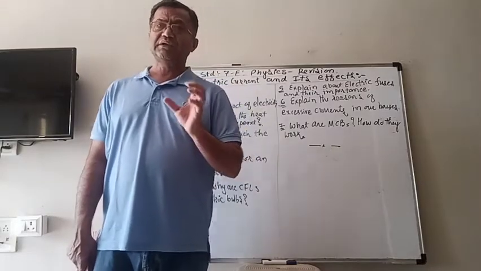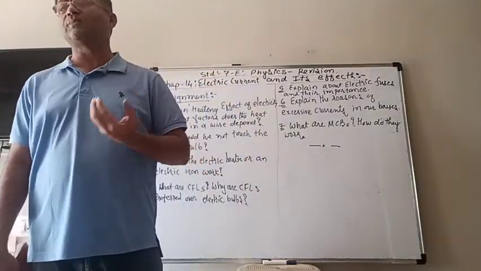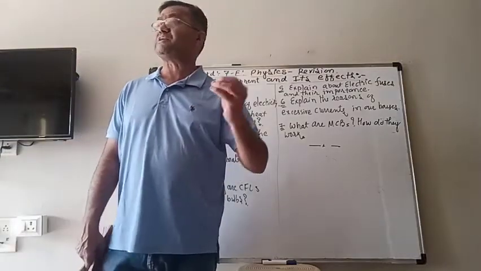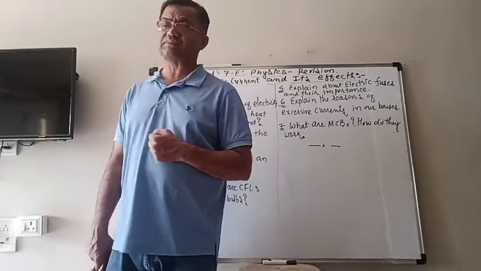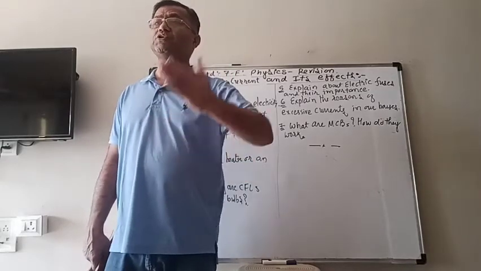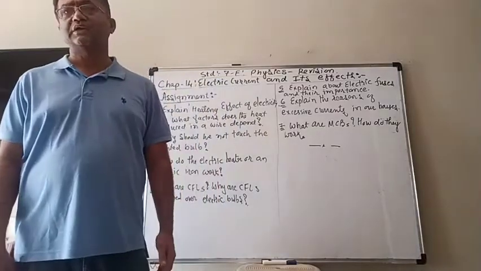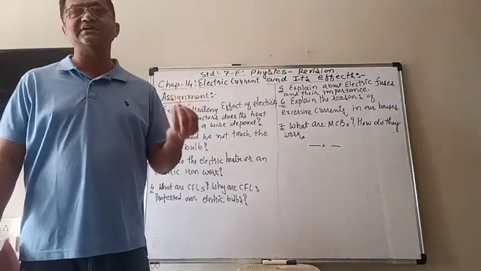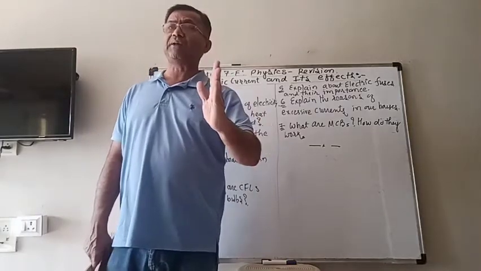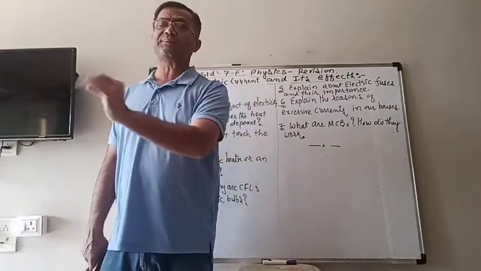But here the heat is also produced, which is undesirable. But some of the appliances that we use, we really use to produce heat. It means that those appliances are working on the principle of heating effect of electric current.